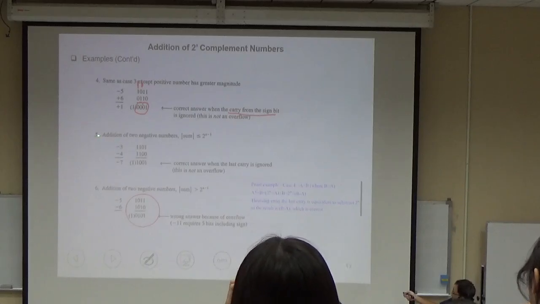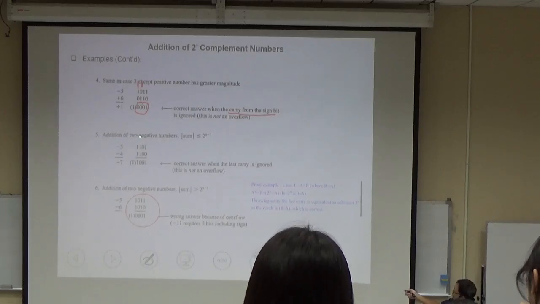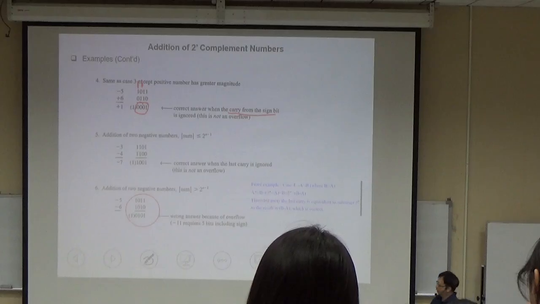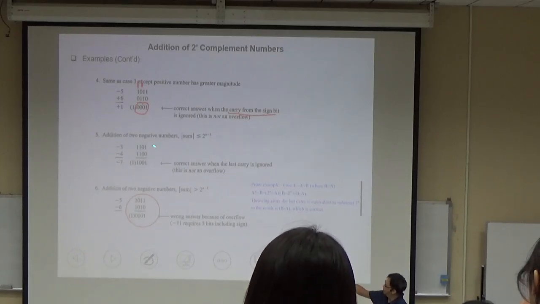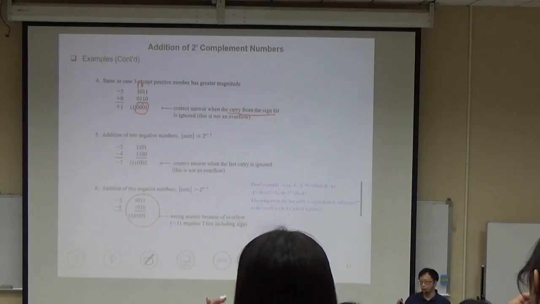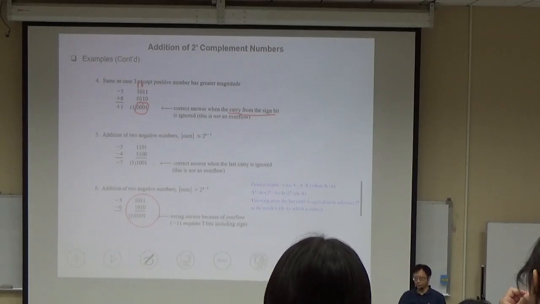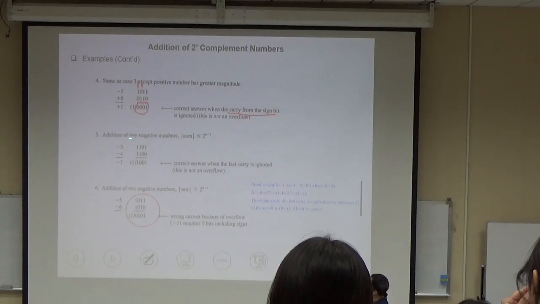Okay, and the case of addition of two negative numbers, let us check. There is -3 and -4. -3 is equal to this expression in the table. The -4 is equal to this expression, and we treat these two numbers as positive to perform the addition. So we perform the addition.